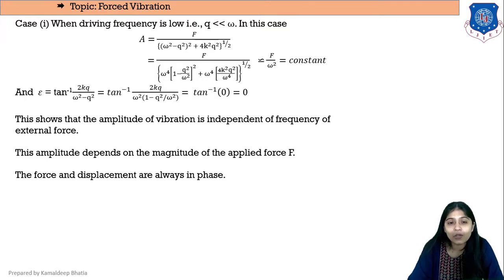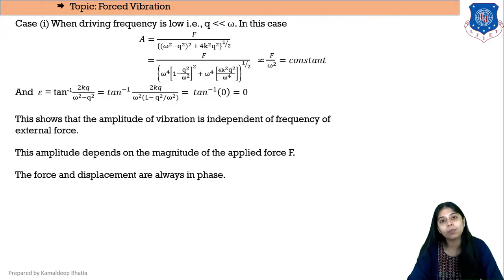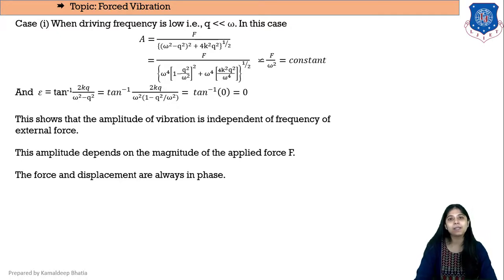So this shows that the amplitude of vibration is independent of the frequency of the external force. Also, the amplitude depends upon the magnitude of the driving force, which is F, and the force and displacement are always in phase. So this is all about the first case where q is very much less than ω.